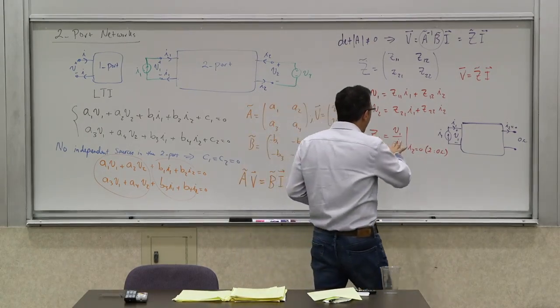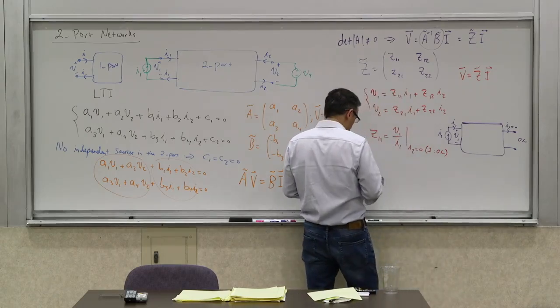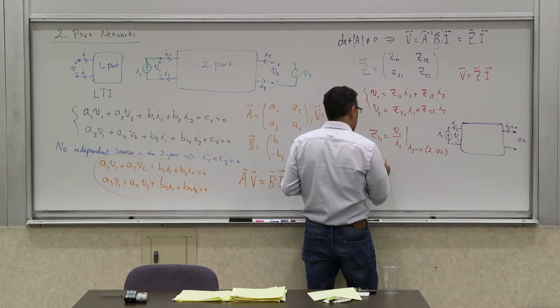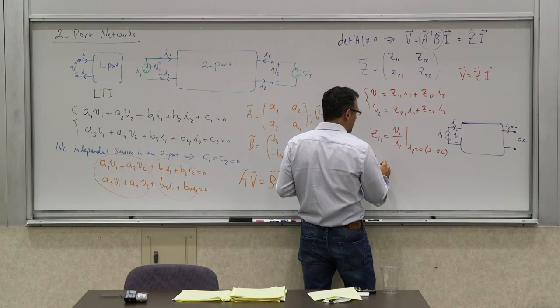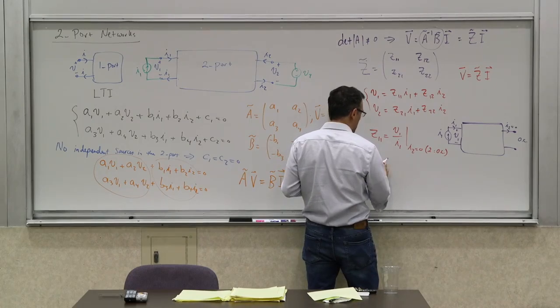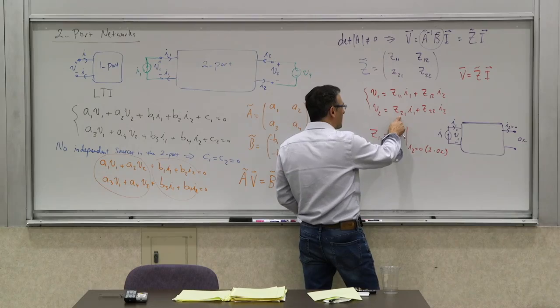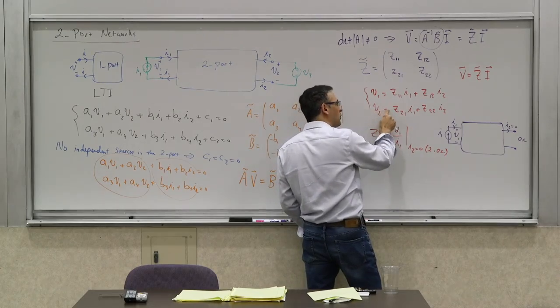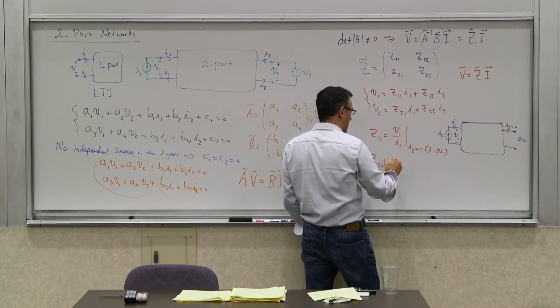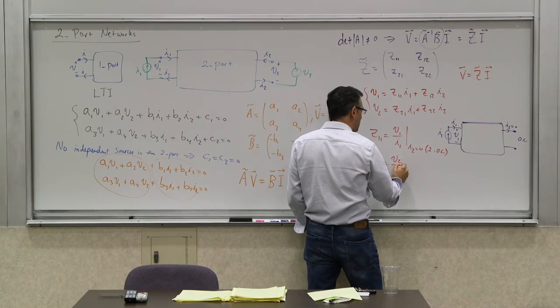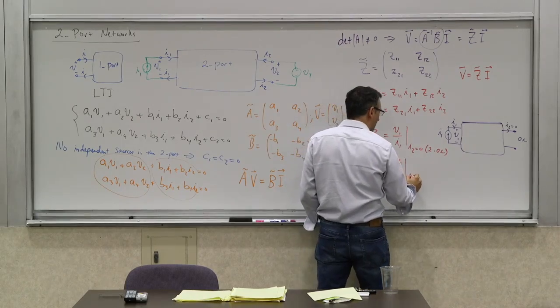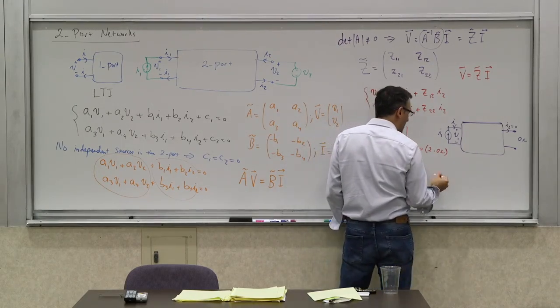So that's basically Z11. How about the other ones? How do you evaluate Z12 or Z21, let's say? Well, let's look at Z21. Z21 is the ratio of V2 over I1 when I2 is 0. So what does that mean?